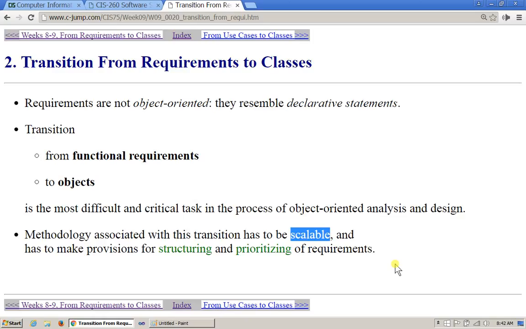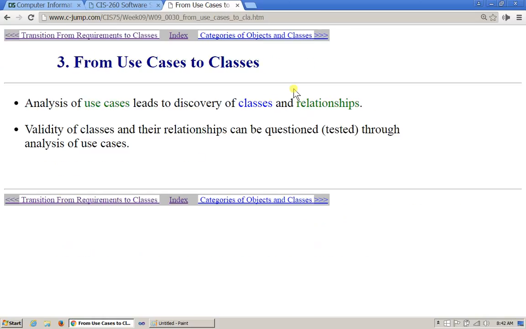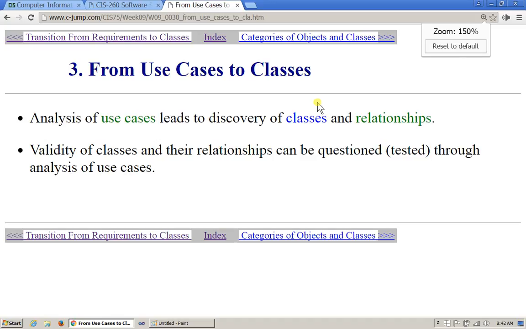So we should not be locking ourselves only to a specific locality, for instance. We would like to have a broader view to make sure that we can provide enough functionality to cover situations like that. So from use cases to classes continuously.